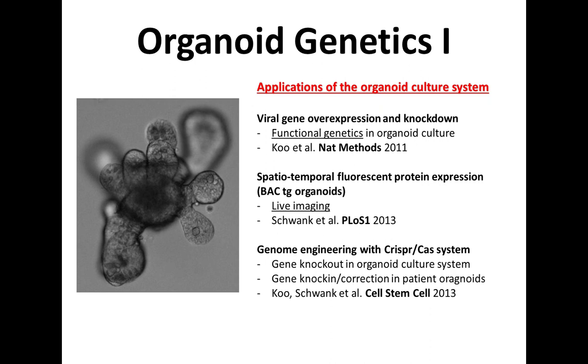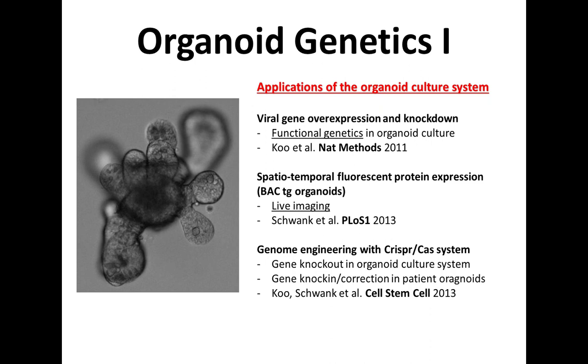So I would say this is organoid genetics 1. This is the work that I did during my postdoctoral time in Hans Clevers's lab. Here I listed 3 main technologies. The first one is that by using retrovirus or lentivirus, one can introduce gene overexpression or gene knockdown in the organoid system.